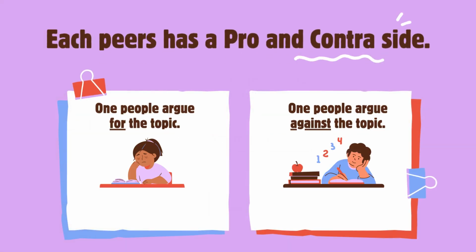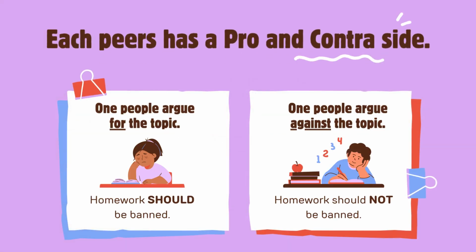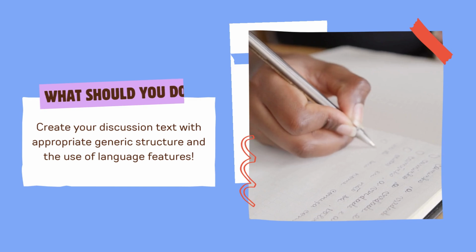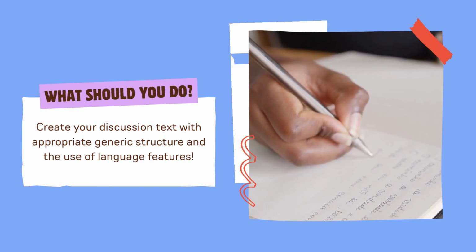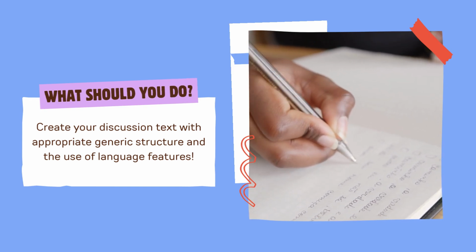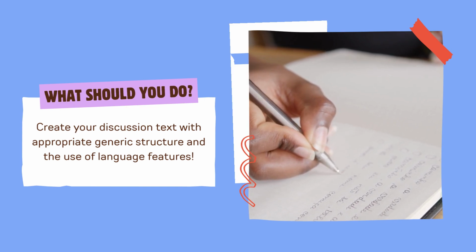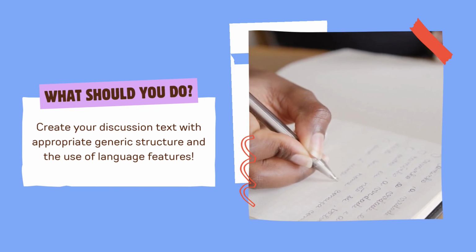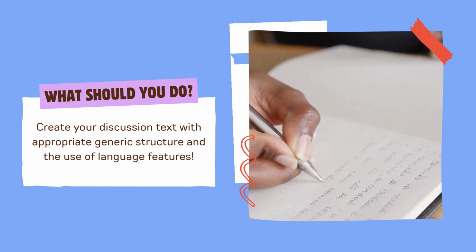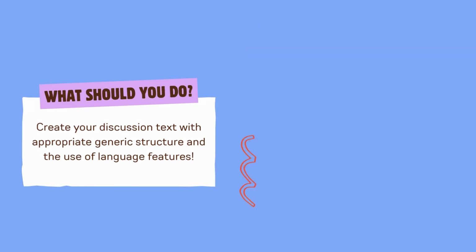Remember that one person should argue for the topic, homework should be banned, and one person should argue against the topic, homework should not be banned. And the next step is to create your discussion text with appropriate generic structure and the use of language features. After that, you can submit it to your teacher to provide feedback for your group.